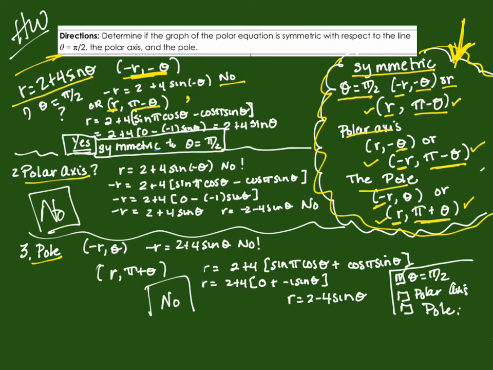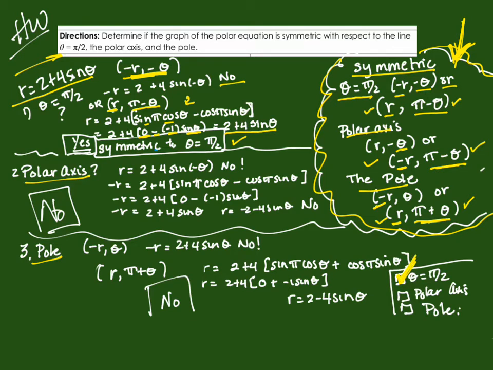Using the identity, we get sine pi cosine theta minus cosine pi sine theta. The sine pi becomes 0, and you get a minus a negative 1 sine theta. So you end up with 2 plus 4 sine theta. So that is a yes. It is symmetric to theta equals pi over 2.